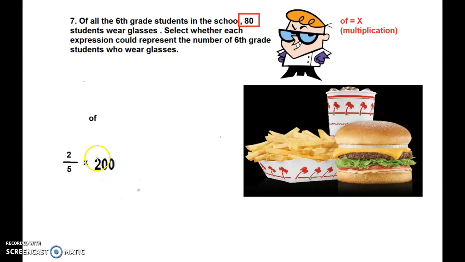So again, we're going to have to turn this whole number into a fraction by putting it over 1, right? 200 over 1. That's how you turn a whole number into a fraction. And multiply across, we have 2 times 200, which is 400. And then we have 5 times 1, which is 5.